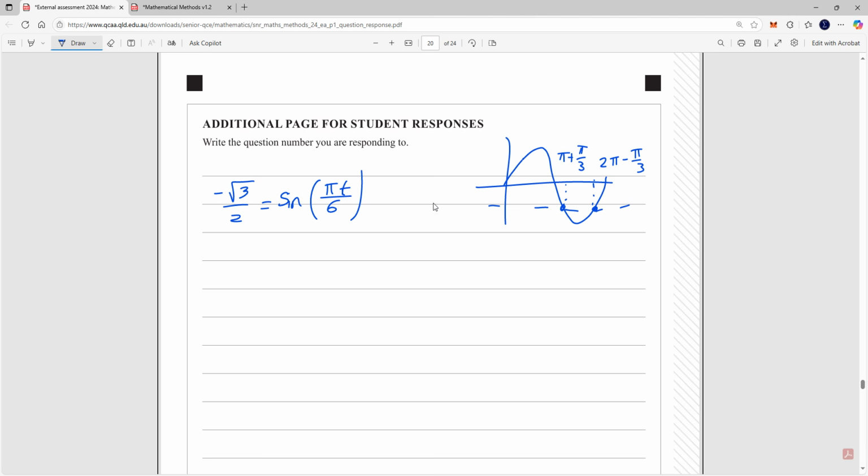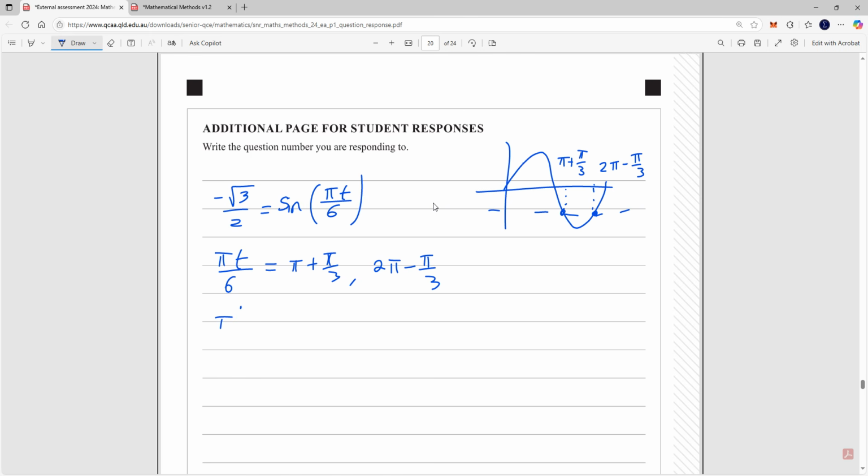Sine inverse that, so we get pi over 6, so the first solution is pi plus pi over 3, 2 pi minus pi over 3. So now let's work out what those guys are.